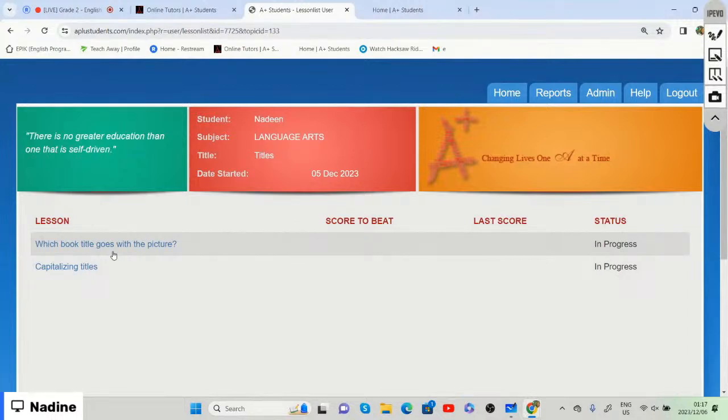And the lessons that we're going to be focusing on under the chapter of titles are which book title goes with the picture and capitalizing titles. If you are in grade 12, then it is fine, because you are basically just sitting in and listening. So grade 12 is fine.